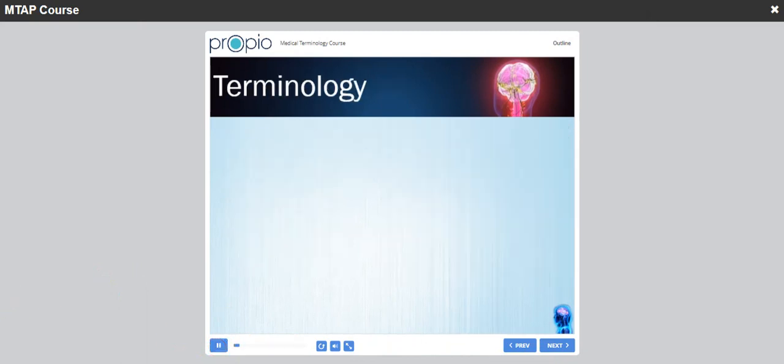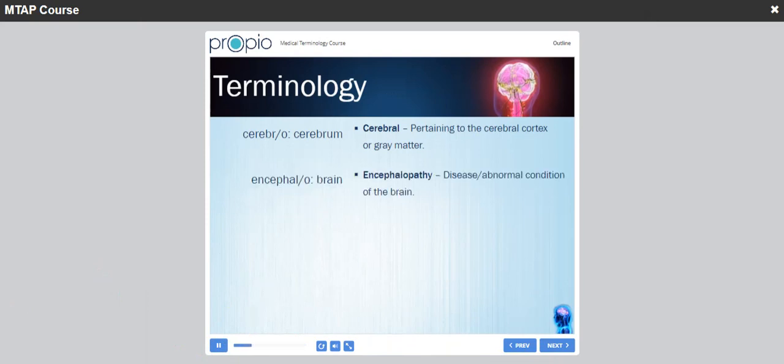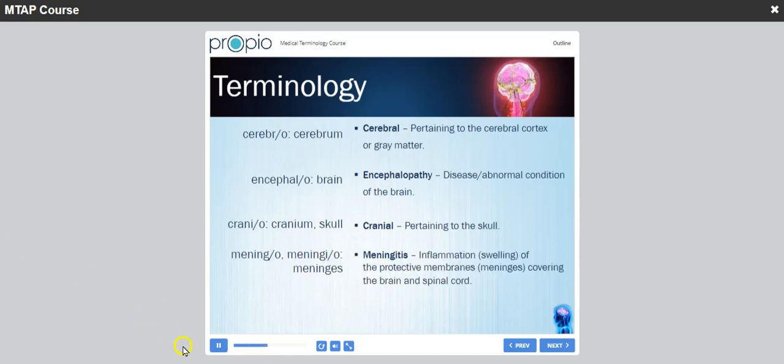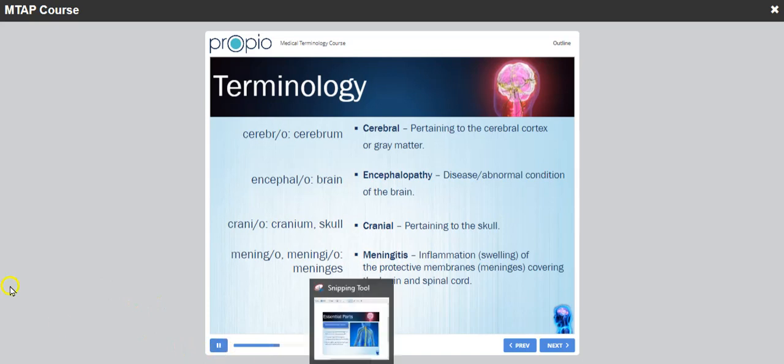It's a disease or abnormal condition of the brain. Cranial. It's pertaining to the skull. Meningitis. It's an inflammation or swelling of the protective membranes, meninges, covering the brain and spinal cord. Meningioma. It's a brain tumor originated in the meninges.